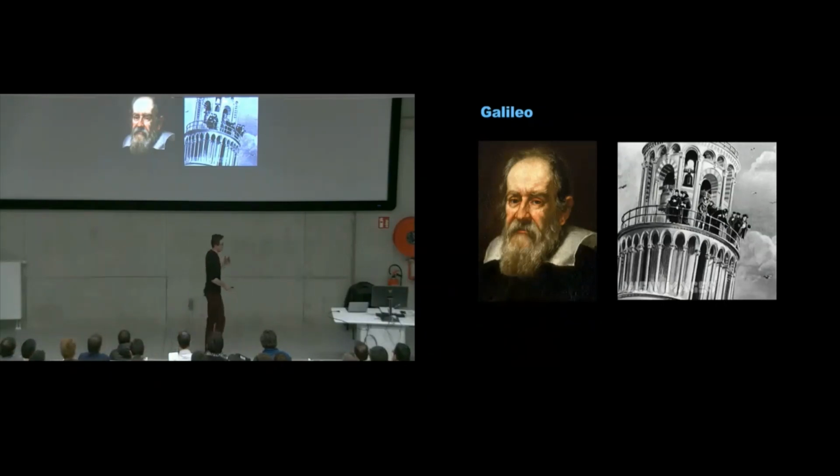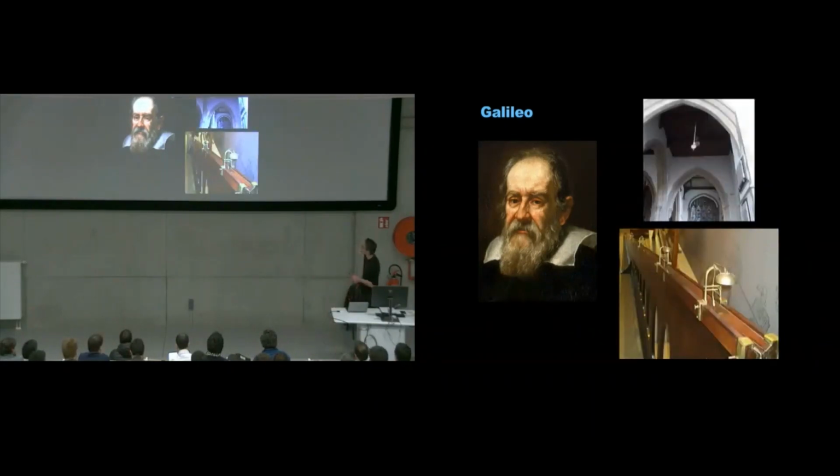We started thinking about the way that he probably discovered this, if you read about it. He was sitting in church, and he was bored to tears, and he was looking at this clock swinging, just trying to figure out how many more swings of the clock he'd be in here, and he realized that there was this universal relationship between frequency and length, and it didn't matter what the mass was, right?